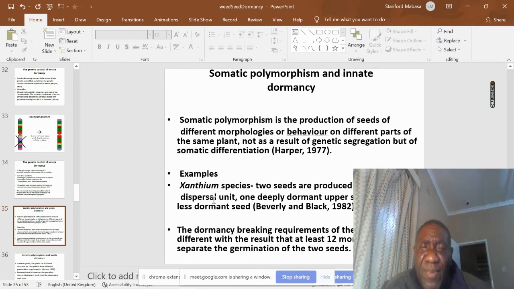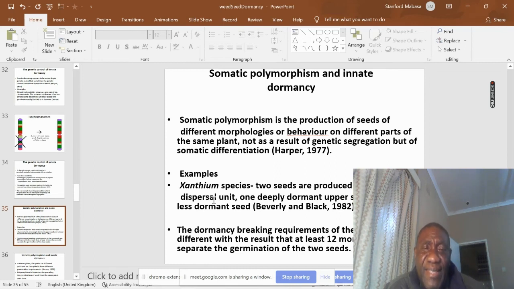So, somatic polymorphism is the production of seeds of different morphologies or behavior on different parts of the same plant, not as a result of genetic segregation, but of somatic differentiation.